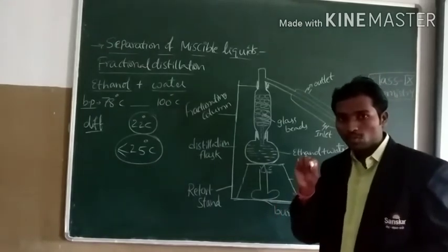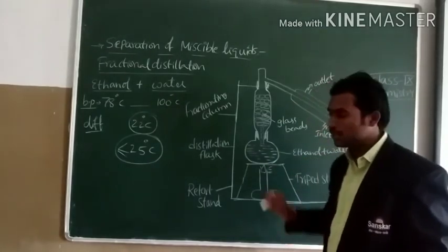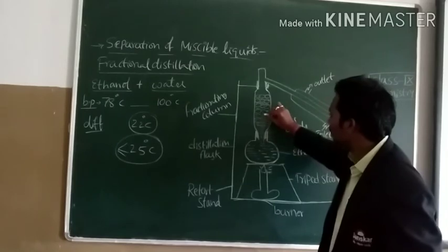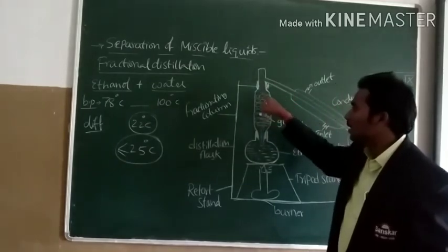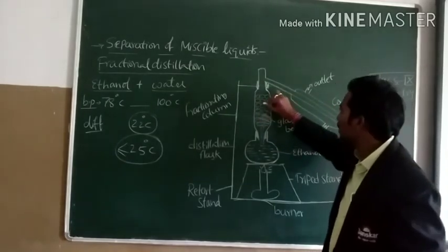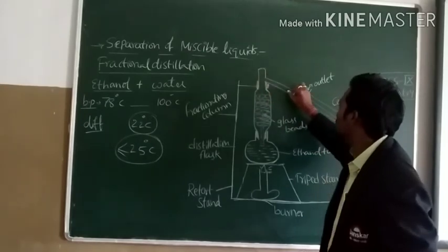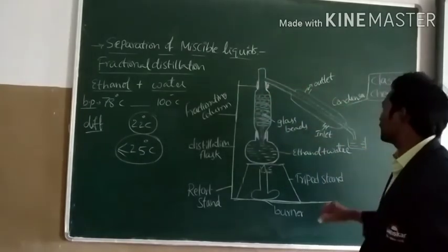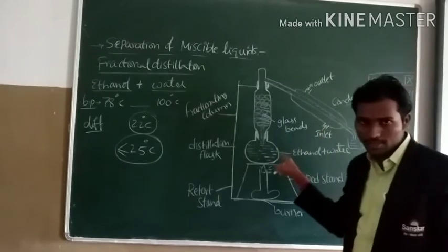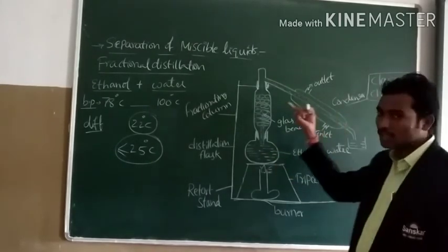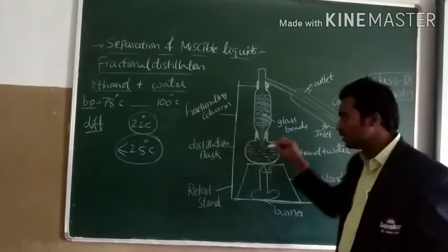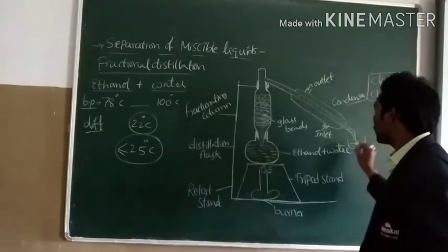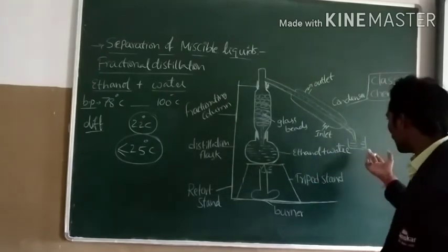Finally, the liquid which has the low boiling point passes through the fractionating column and enters into the condenser, where condensation takes place. Condensation means conversion of gas to liquid, and we collect the clear liquid in another beaker.